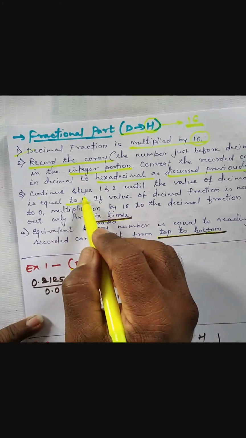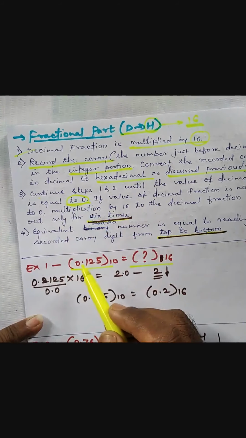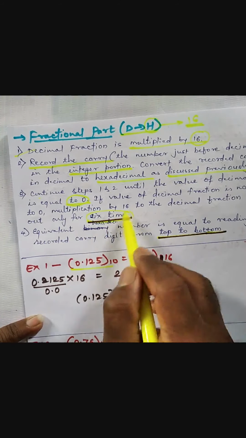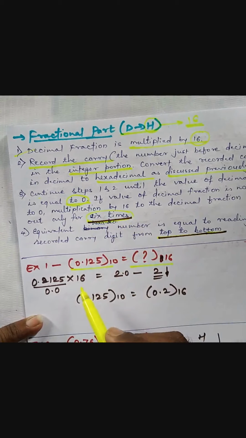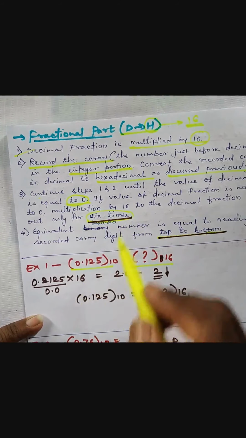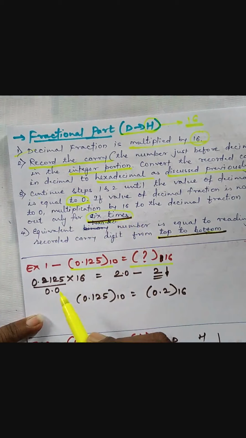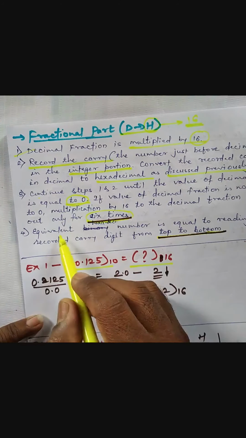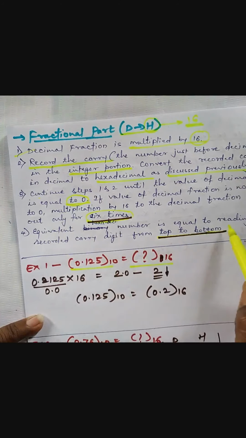Then continue this step till either we get the final number as 0, and if you are not getting that number as 0, then you have to go for at least 6 times. So 6 iterations you have to do. Okay, the equivalent hexadecimal number is equal to the reading of the recorded carry from top to bottom.